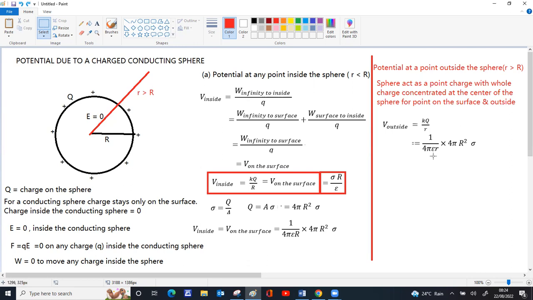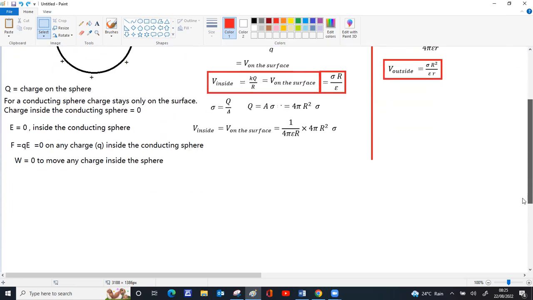Now k is 1 by 4 pi epsilon and q is again 4 pi R square into sigma. So 4 pi will go. Sigma R square by epsilon r, capital R by small r. That's the potential outside the sphere. So inside and on the surface is the same. Outside is kq by small r, or sigma R square by epsilon small r.